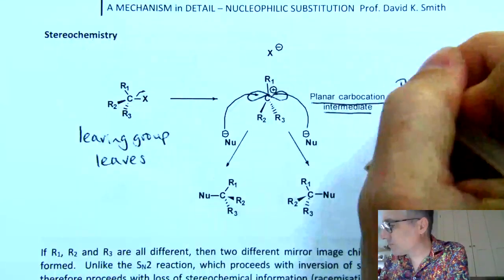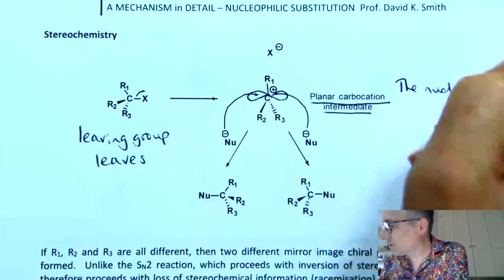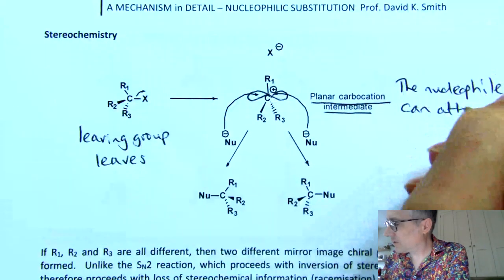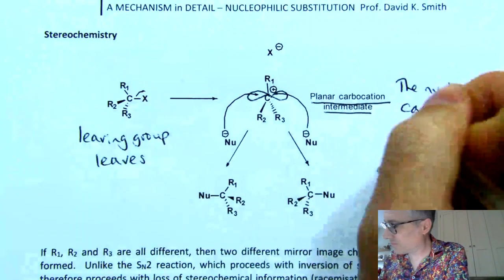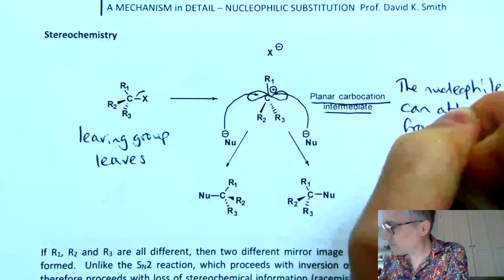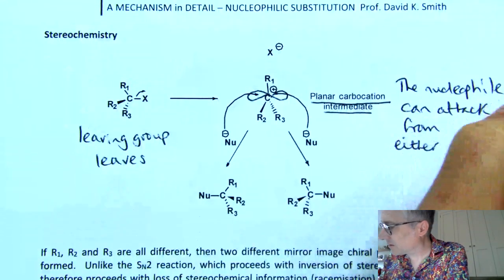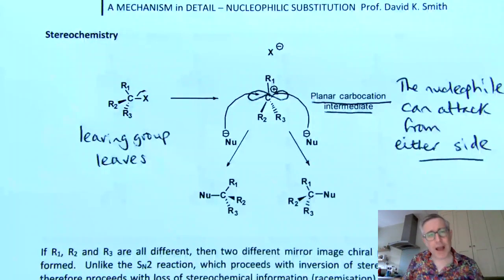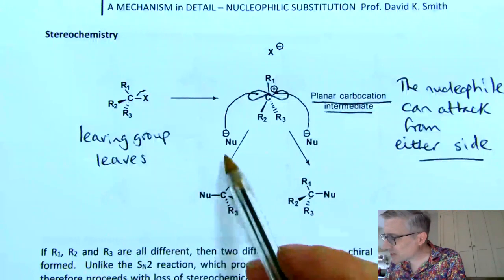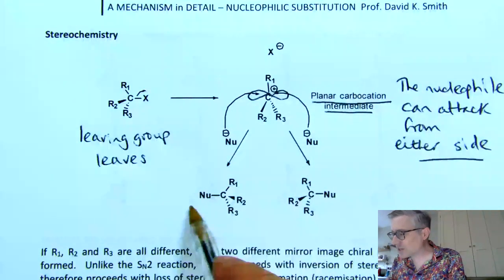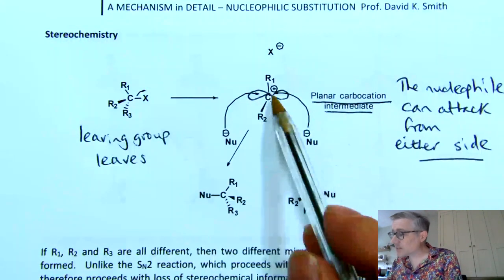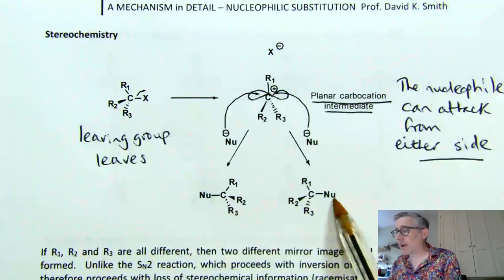So we'll note the nucleophile can attack from either side. So what happens in those two different outcomes? Well, if it attacks from the left, we make this product with the nucleophile on the left. And if it attacks from the right, we'll make this product with the nucleophile on the right.